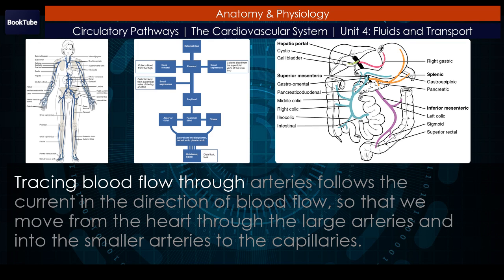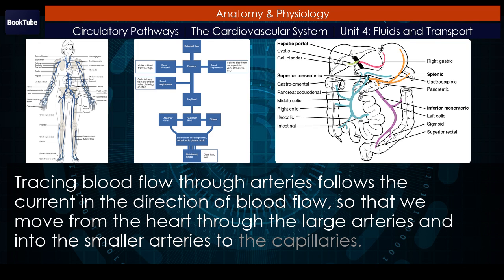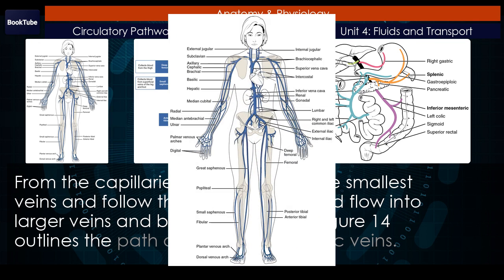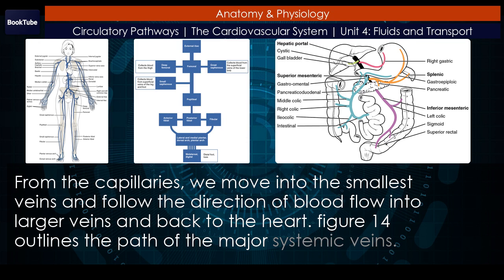Tracing blood flow through arteries follows the current in the direction of blood flow, so that we move from the heart through the large arteries and into the smaller arteries to the capillaries. From the capillaries, we move into the smallest veins and follow the direction of blood flow into larger veins and back to the heart. Figure 14 outlines the path of the major systemic veins.